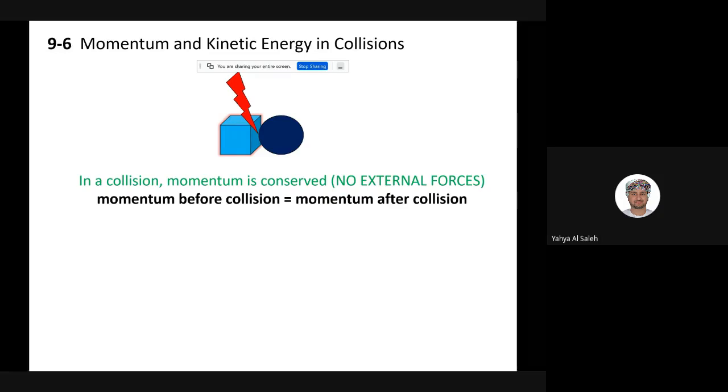These two bodies are part of the same system. So the momentum before the collision is the momentum after the collision. Now, collision forces, if we are looking at it as one system, are considered internal.